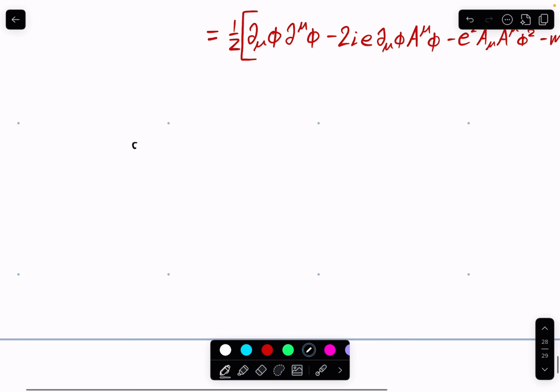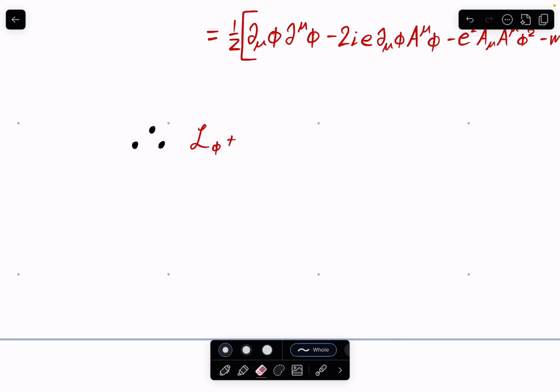So the end result for a Lagrangian is going to just be this.